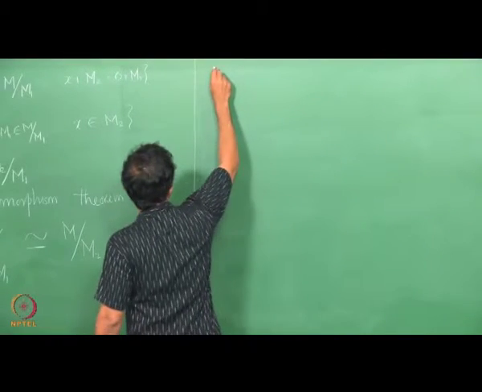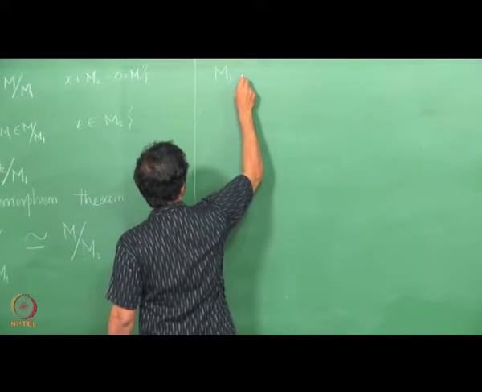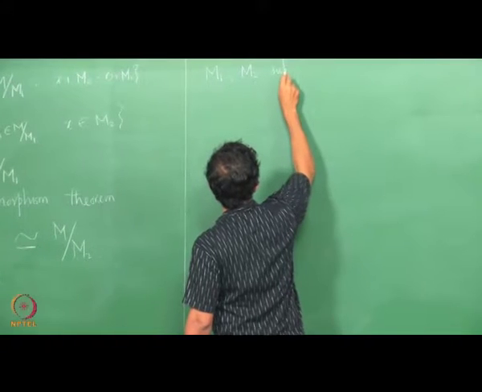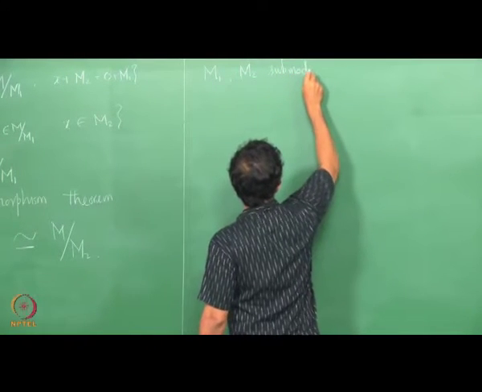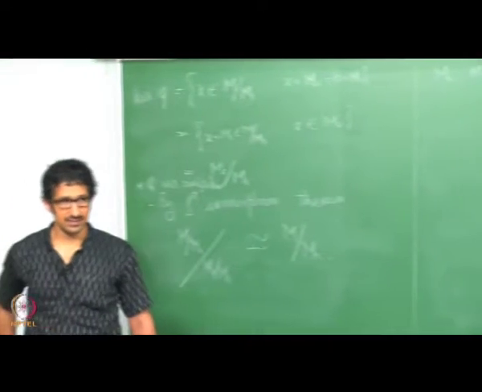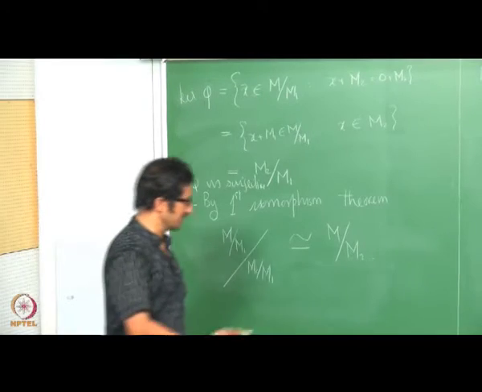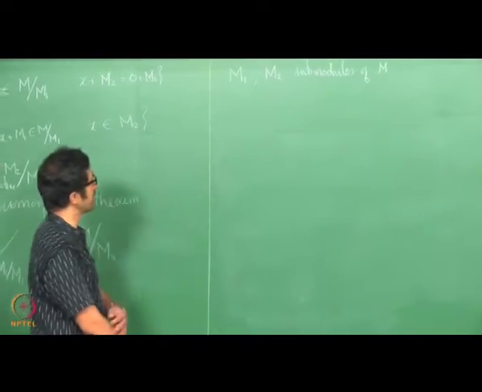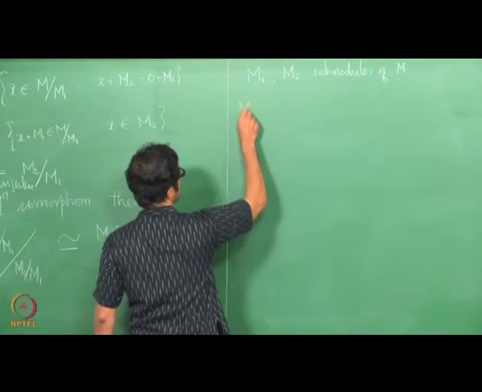Now, suppose I have two submodules M1 and M2 of M. Then, as in the case of groups and ideals and so on, one can define M1 plus M2.